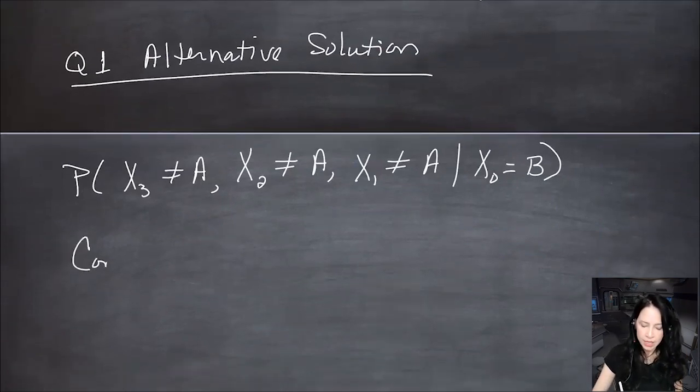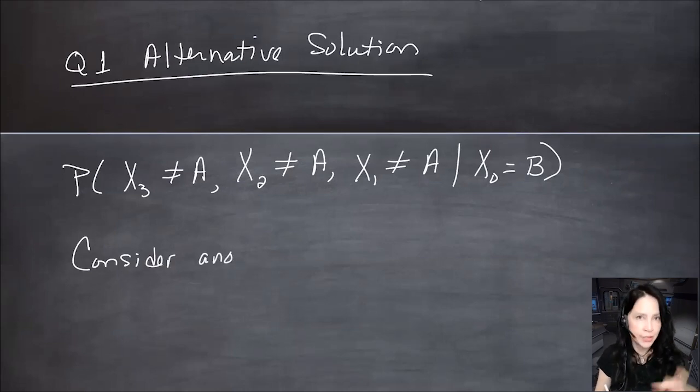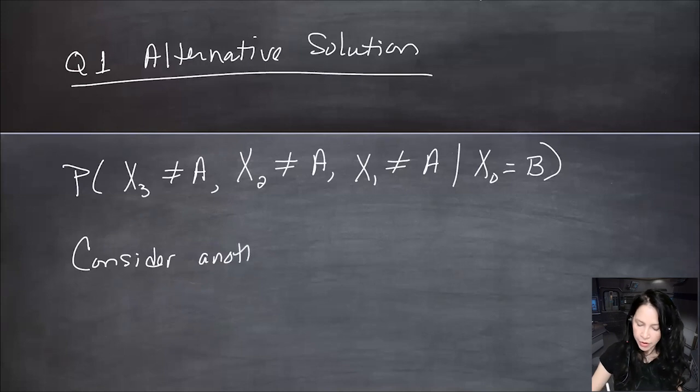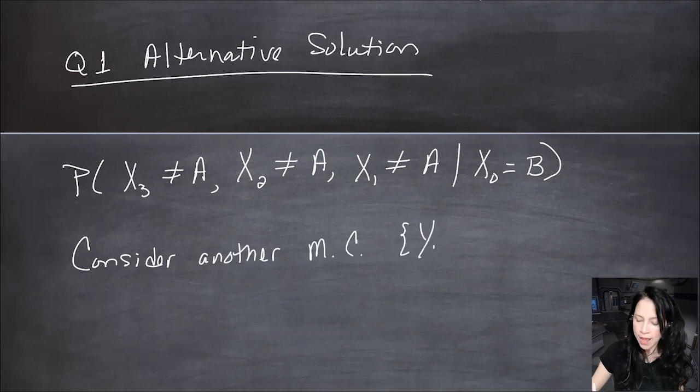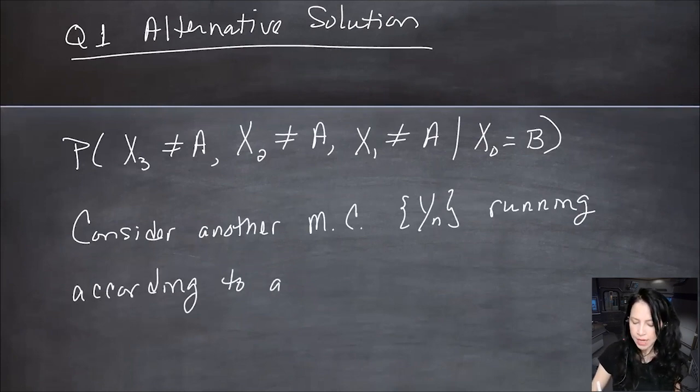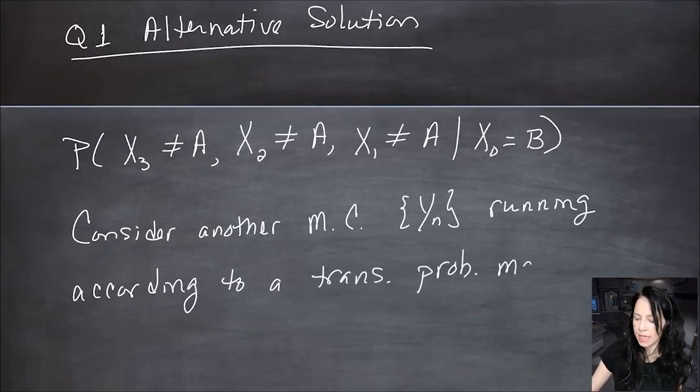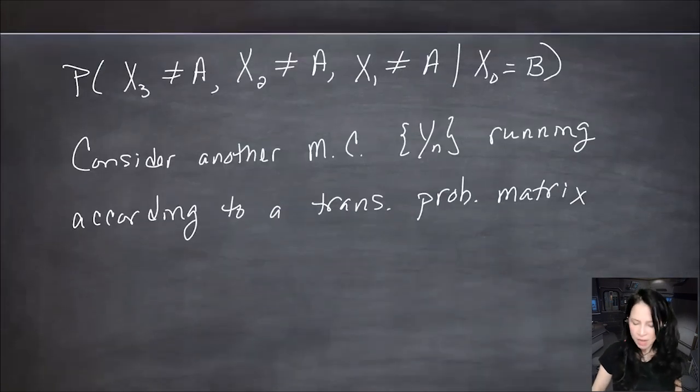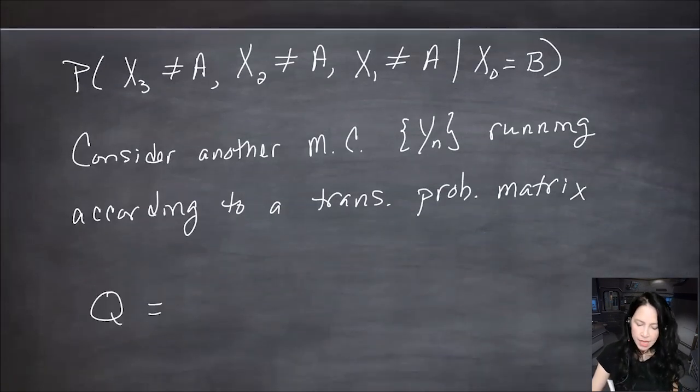So what we're going to do is consider another Markov chain. I'm going to call it Y0, Y1, Y2, another Markov chain Yn running according to a different transition probability matrix. I could call this P sub Y, but I'm just going to call it Q. It runs over the same state space.